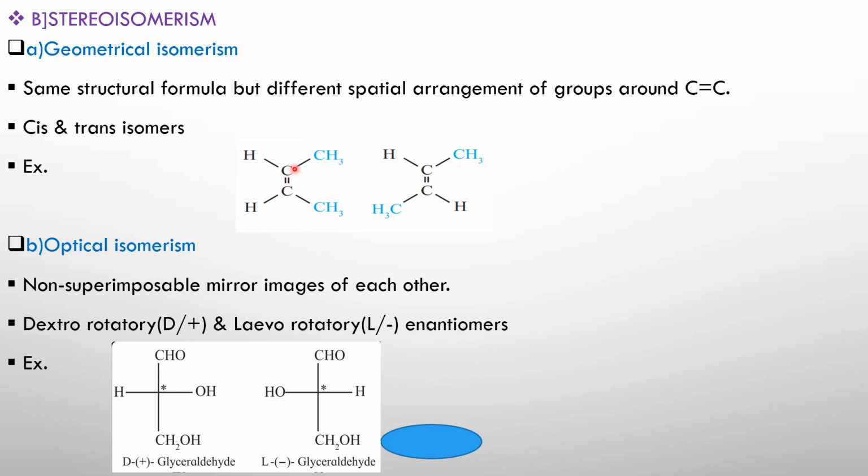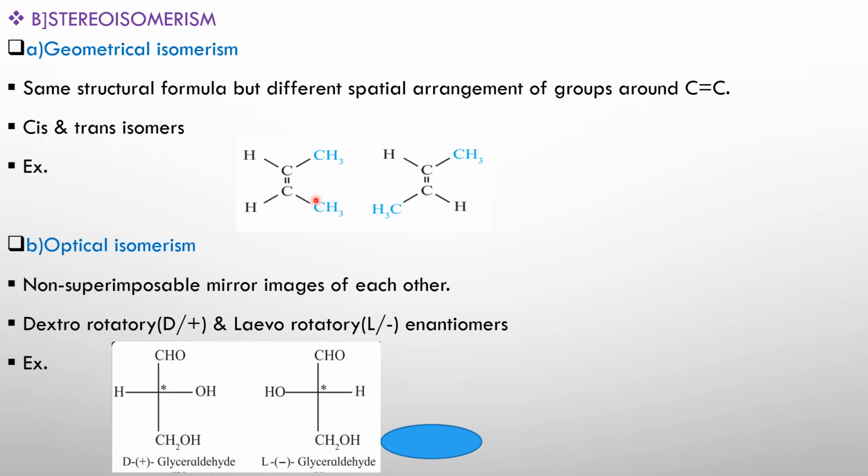In the first case you can see here the methyl groups on each carbon are on the same side. Now if you see the geometrical structure in space, the arrangement is like this. The methyl groups on both carbon atoms around the carbon carbon double bond are present on the same side. That means the same groups are present on the same side.